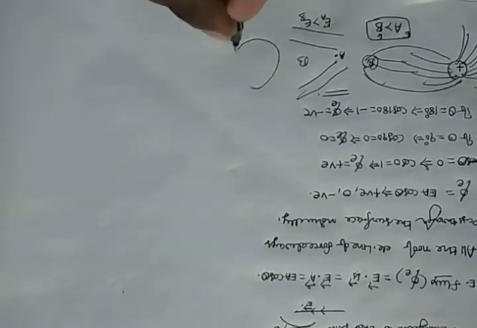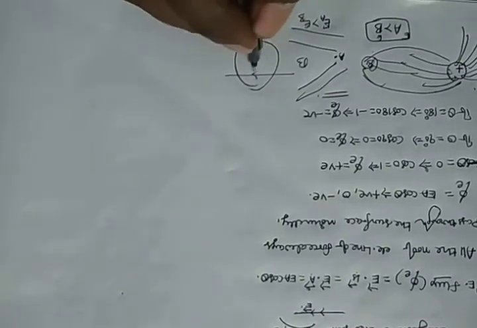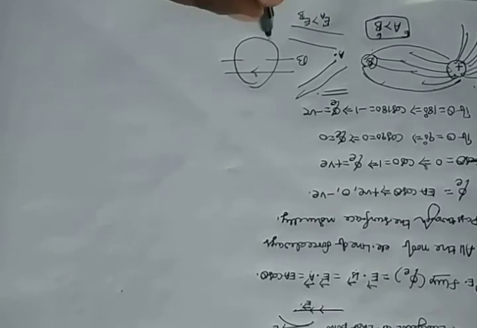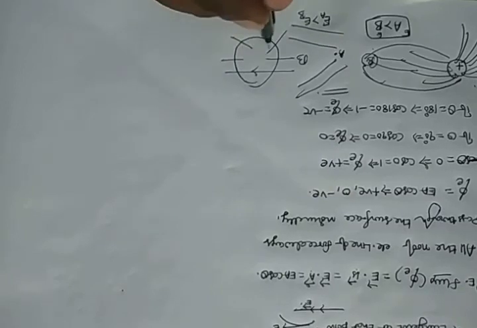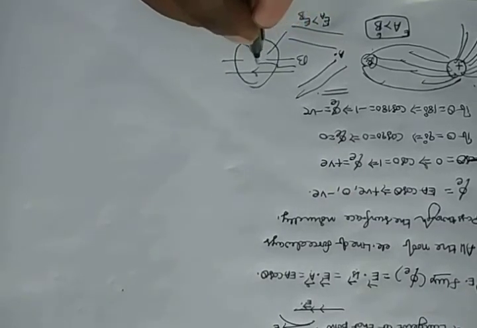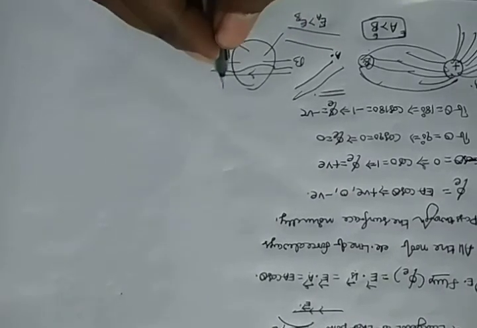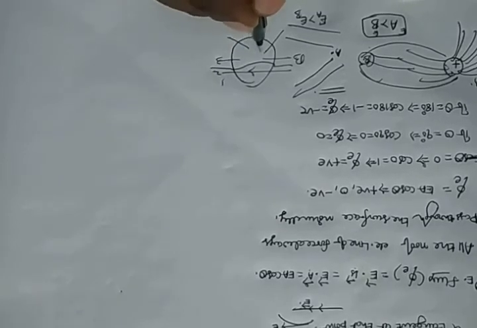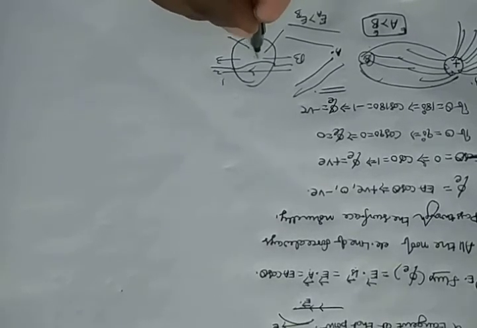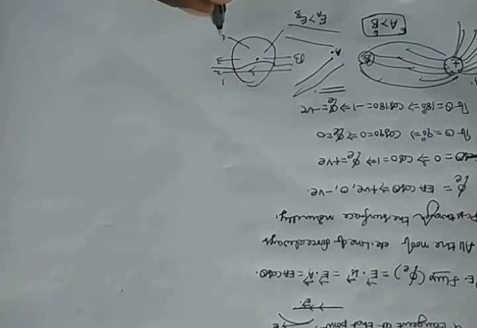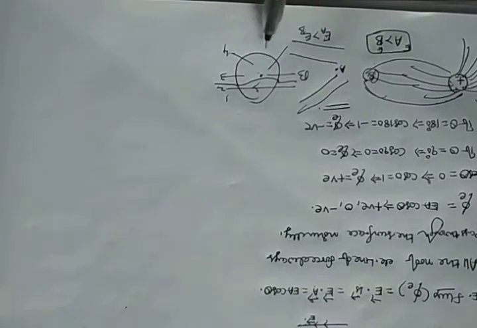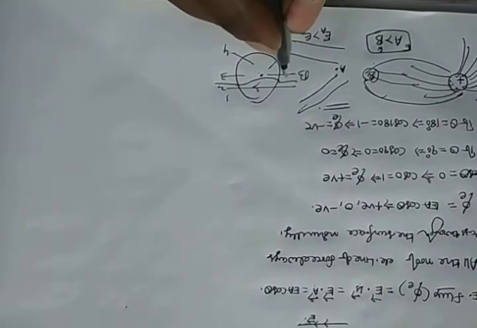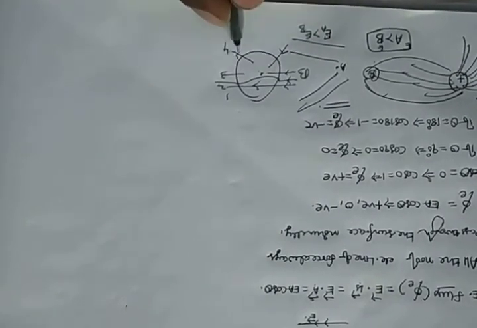If you draw like this, numbers 1, 2, 3 and 4, which of the following lines will represent the electric lines of force correctly?